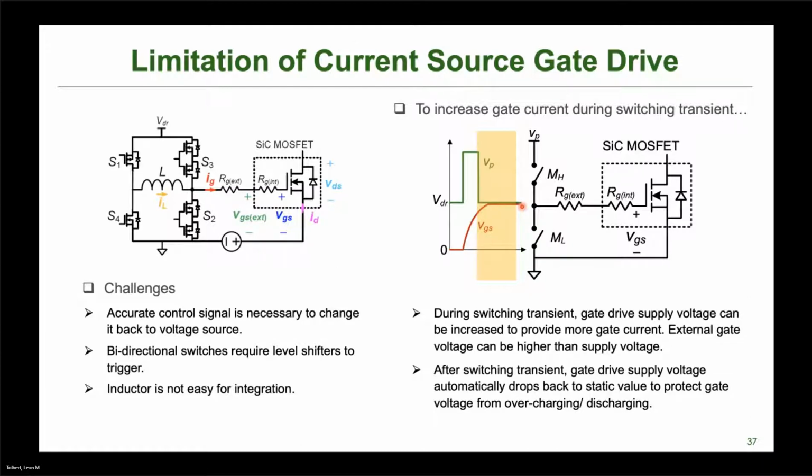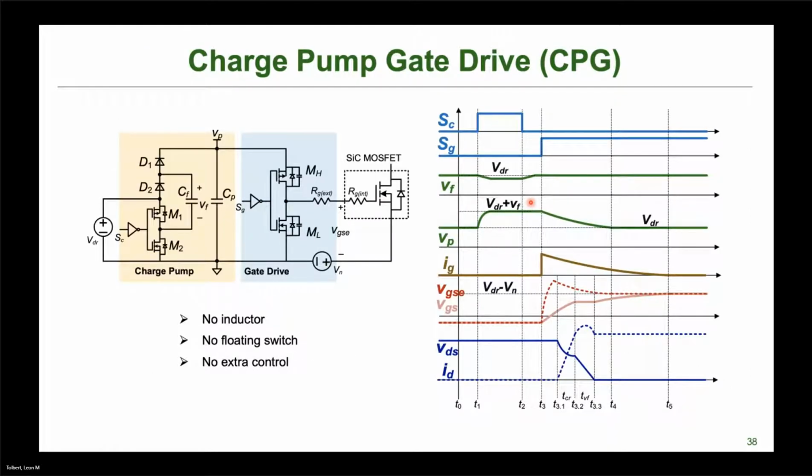Some people also refer to this as a multi-level gate drive voltage, where instead of just having a single voltage, you go from 0 to 20 volts. Well, you do this higher voltage for some time and then drop back down to this other voltage, but it's still a little bit different. So our charge pump gate drive circuit is shown here. The traditional gate drive is shown right here, where you have these two switches and your voltage sources.